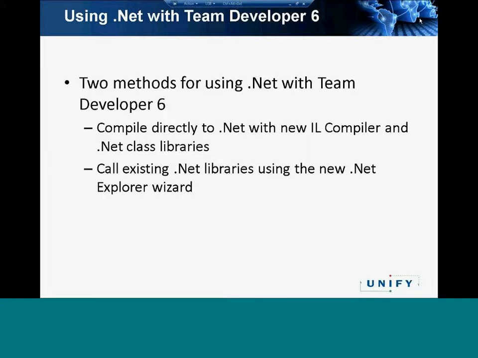So it's important to understand that with Team Developer TD 6.0, you're going to be able to generate .NET code based on our compilation options using the IL compiler, which has been introduced to TD 6.0, but you're also going to be able to import .NET libraries into your current application using the TD native option.